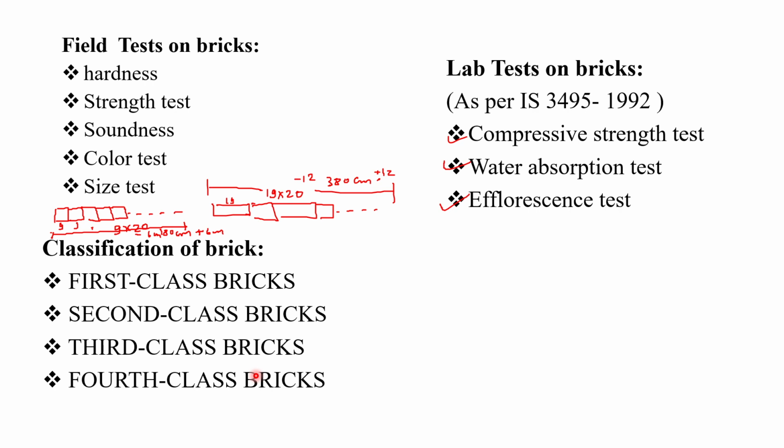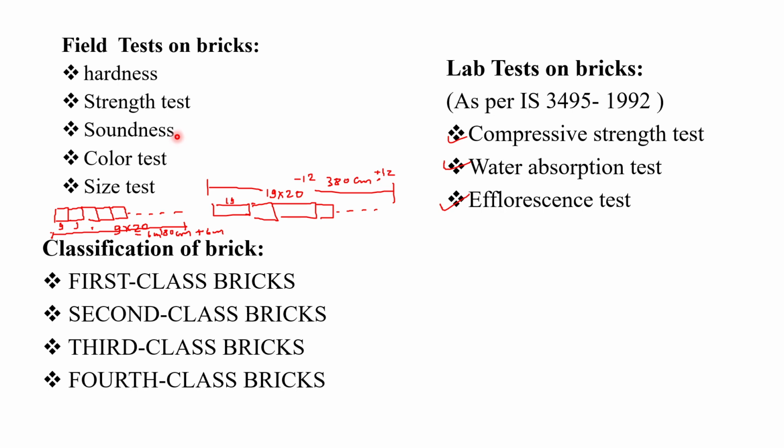Classification of brick. Before this, I am asking you a simple question. What should be the quality of a good building brick? Compressive strength should be maximum. Water absorption should be minimum. Efflorescence should be minimum. Size should be uniform. Color should be uniform.